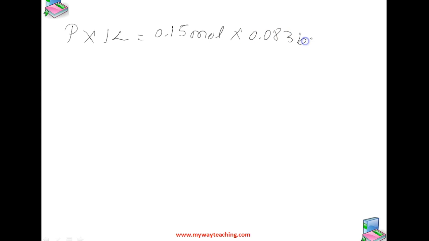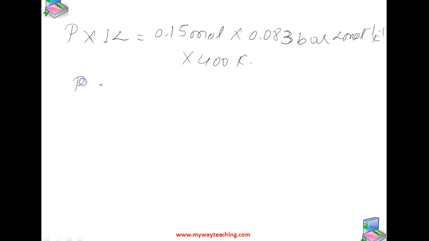So P into volume, which is 1 liter, is equal to 0.15 mole into 0.083 bar liter per mole per Kelvin into 400 Kelvin.